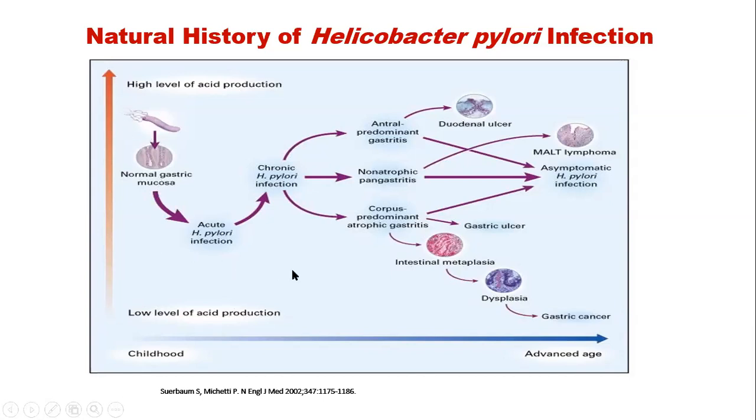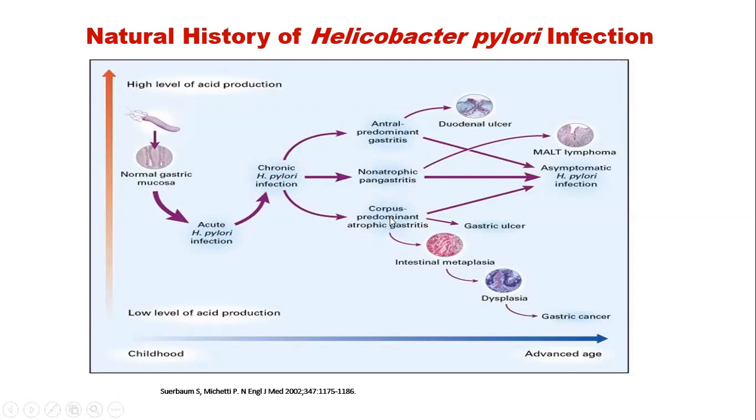So what could happen over time? You have the acute infection early in childhood. If the level of acid production is low, you can have chronic infection. Okay? But as the level of acid production increases, there are different outcomes that could result from chronic infection.